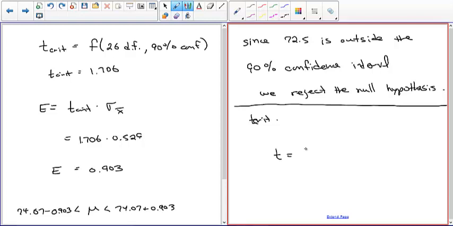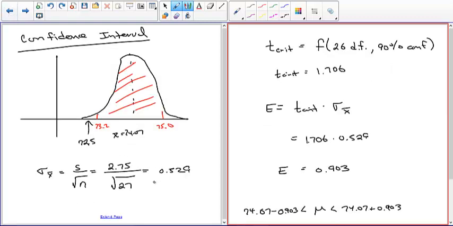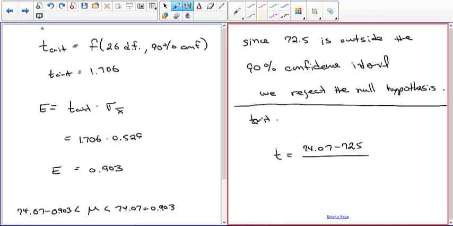So t is going to be, actually I think it's the other way around. We take the sample mean 74, subtract 72.5 and divide by this 0.529, the standard deviation of the sample means.